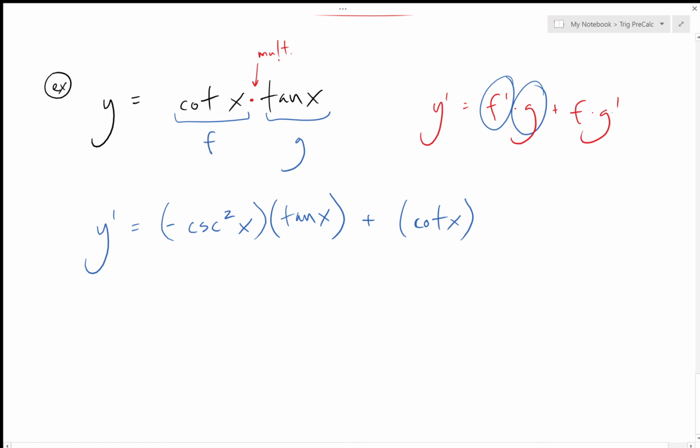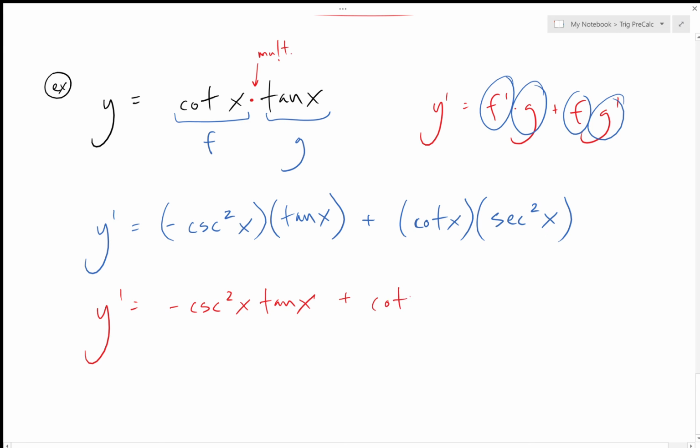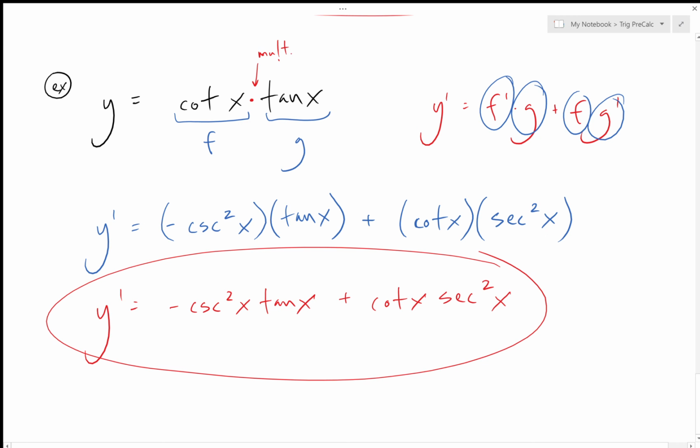And then taking the derivative of g, derivative of tangent is secant squared x. And there's really not much to do on this one, rather than get rid of the parentheses, so it's negative cosecant squared x times tangent x plus cotangent x secant squared x.